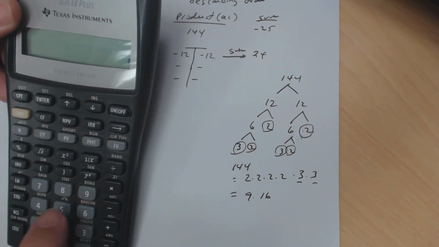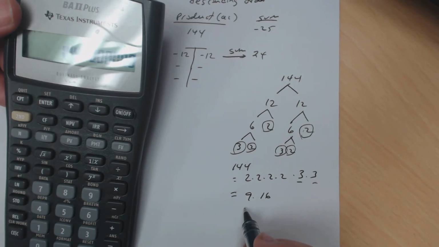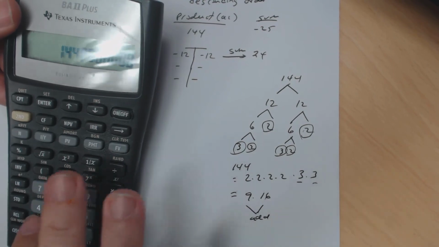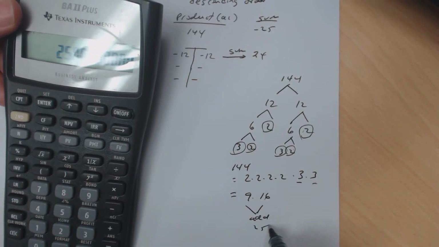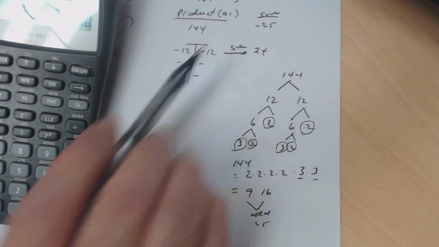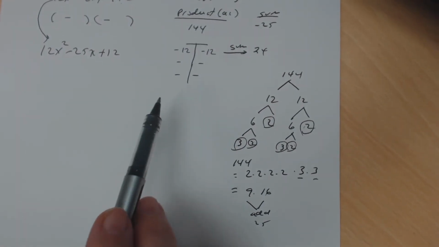And let's look at the sum. 16 plus 9 is 25. That's what I wanted, except I wanted negative.